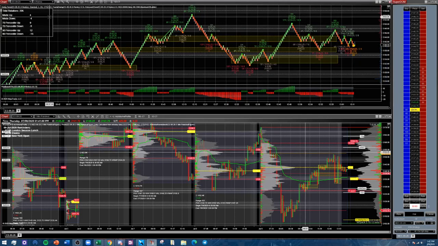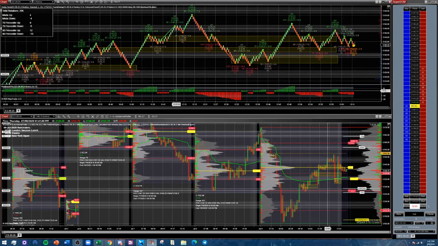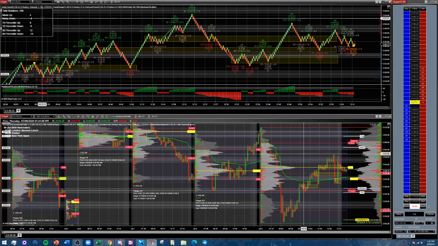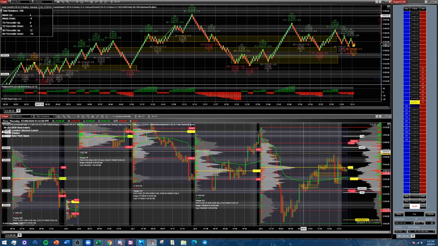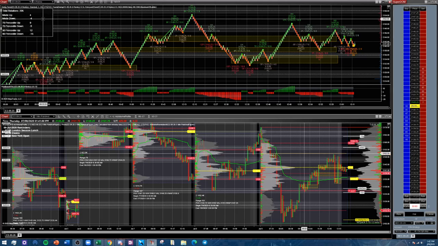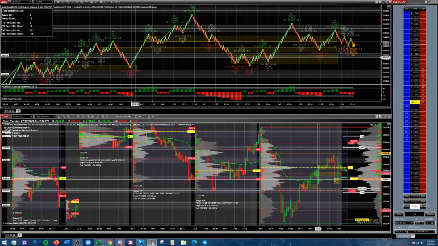When you're basing on those fractals, a 5-bar fractal with a 3-point minimum amount of movement, the most commonly occurring figure, or the mode, is 4. So that is kind of like the average, so to speak. And you can set these fractals as whatever you want. I'm just looking at what is working best for me.